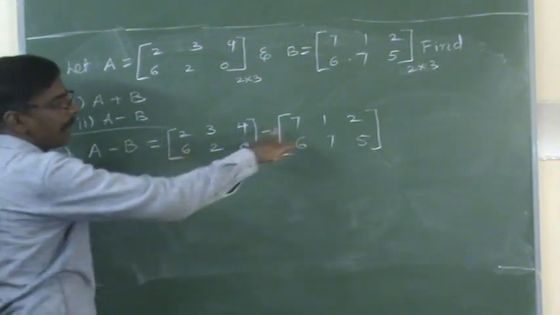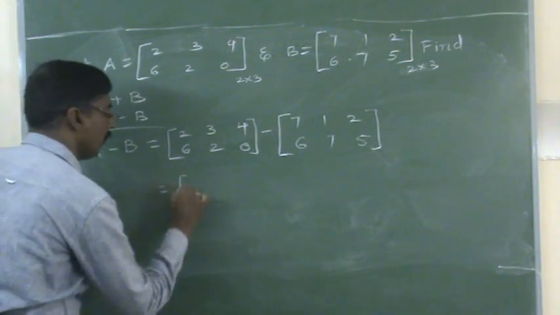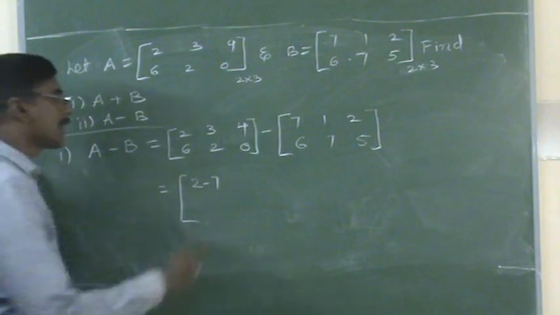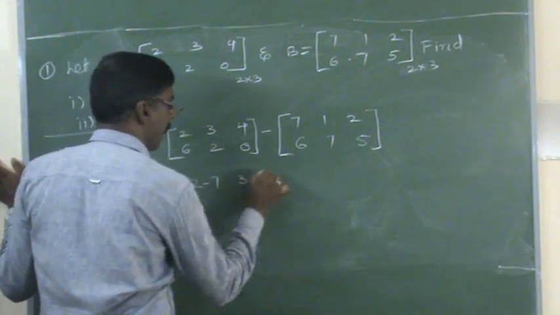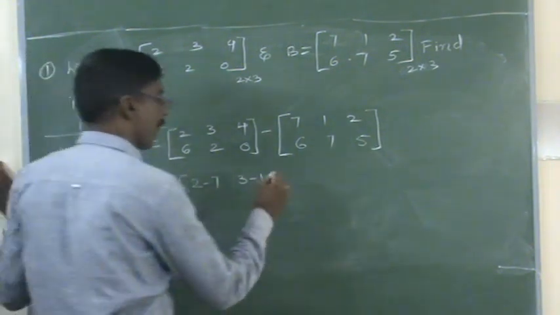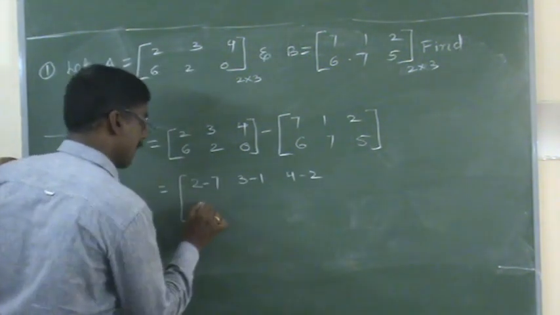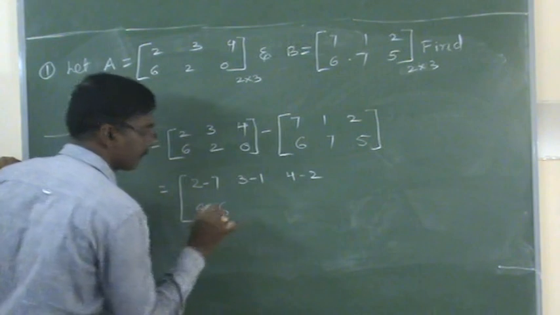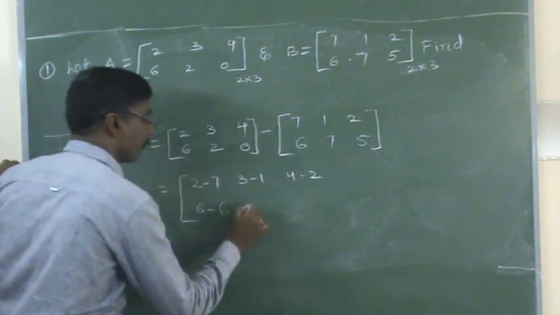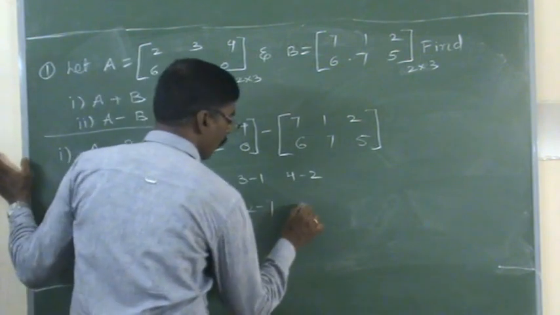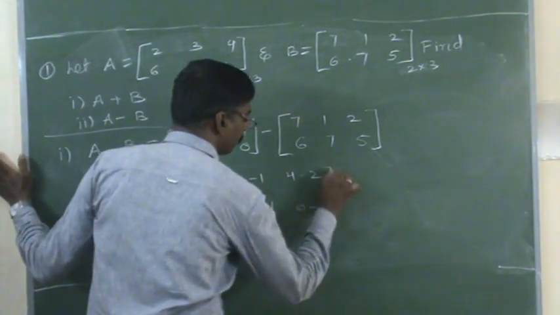The corresponding element of 2 is 7, so we write 2 minus 7. Next, 3 minus 1. Next, 4 minus 2. Next, 6 minus 6. 2 minus 7. 0 minus 5.